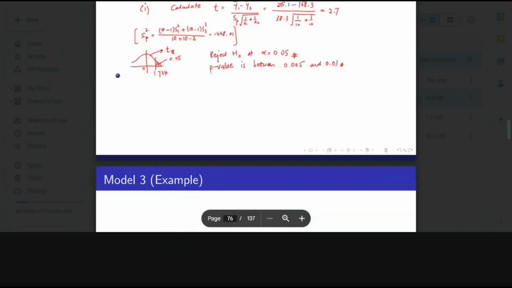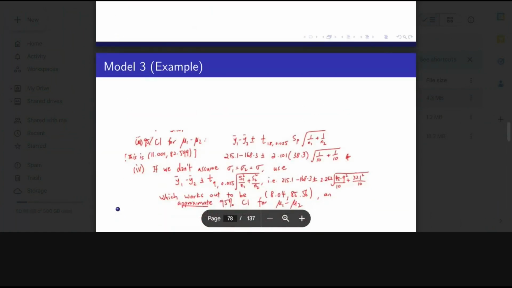Okay. What about confidence intervals? Quite easy. To form a confidence interval, all you need to do is use the rule. You take the difference in means. Why am I using t 18, 0.025? Remember that confidence intervals are always in the middle. You must take the significance level and divide it by 2.